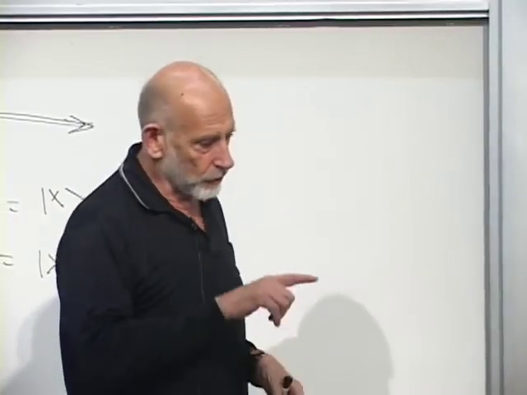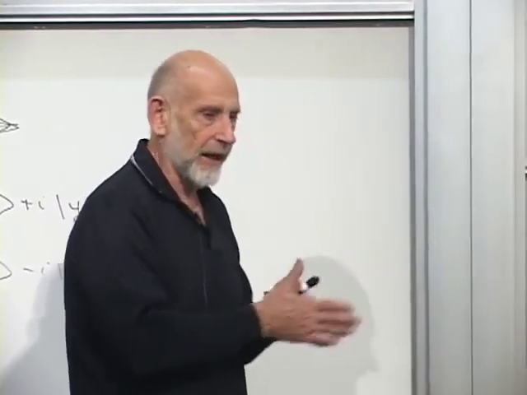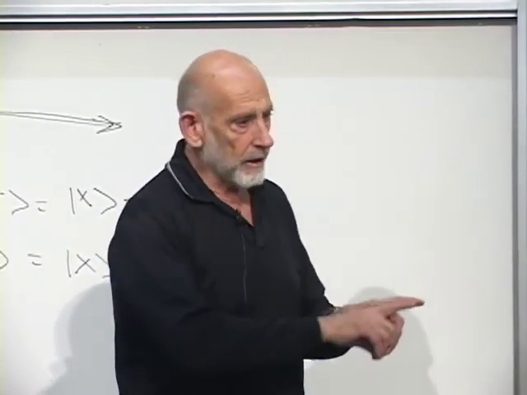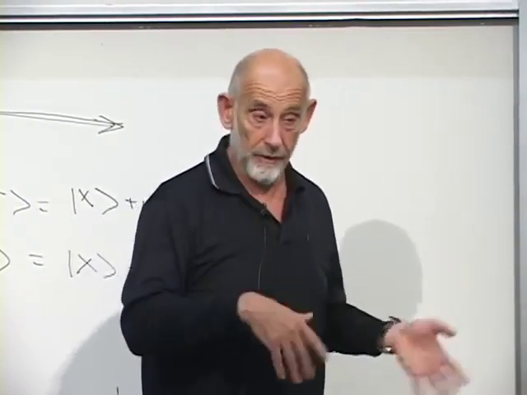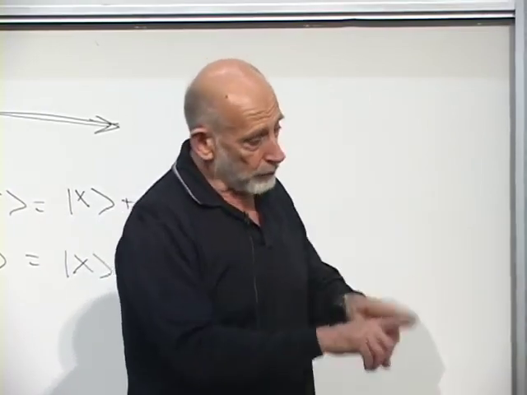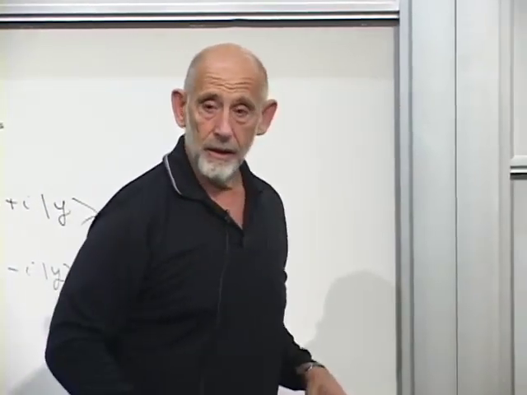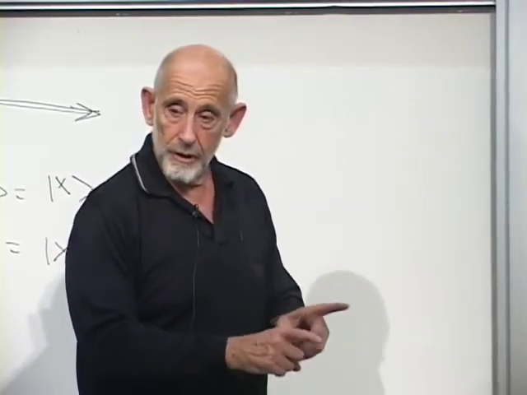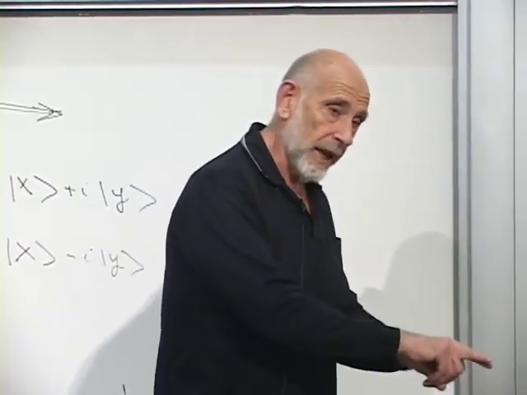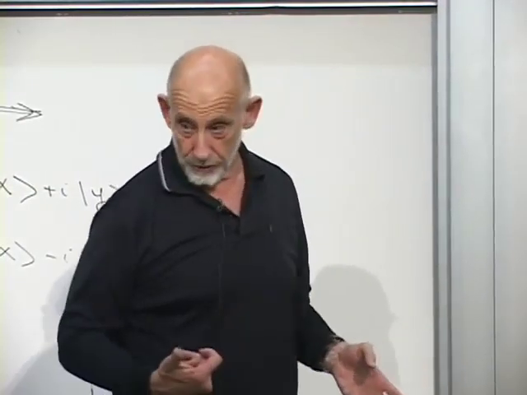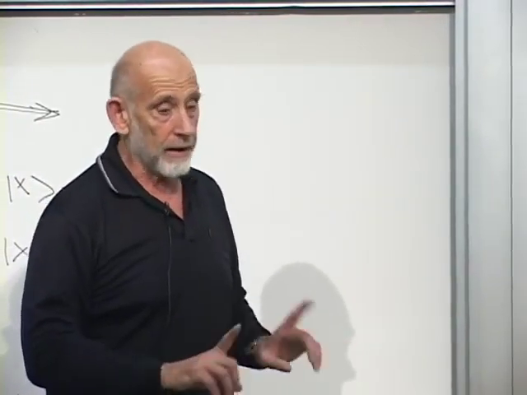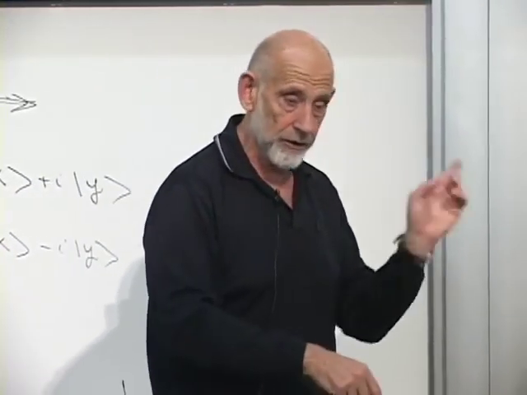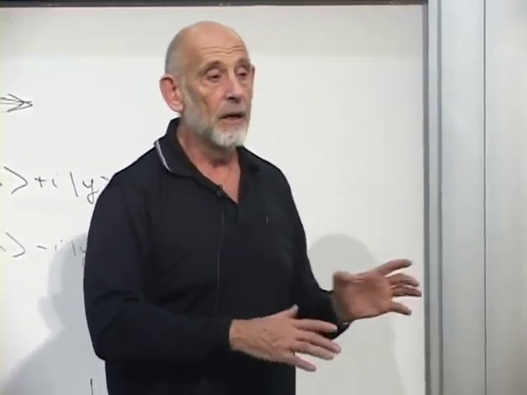Imagine taking two photons, sticking them together, letting them move down the axis. There could be various possibilities. They could both be circulating in the right-handed sense, then the angular momentum would be 2 units. They could both be circulating to the left, and the angular momentum would be minus 2 units. What you don't have is a graviton which corresponds to a photon of right polarization and left polarization.